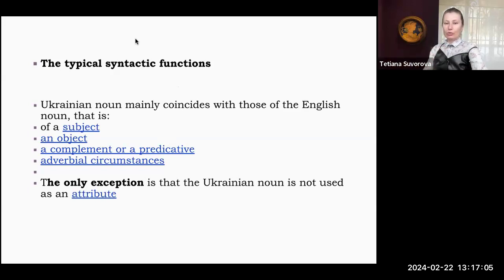It can be an object: give me a pen. It can be complement or predicative. Complement, it is object. I have given you the example. Complement here means the function of predicative, like a complement of the predicate, like part of the predicate.